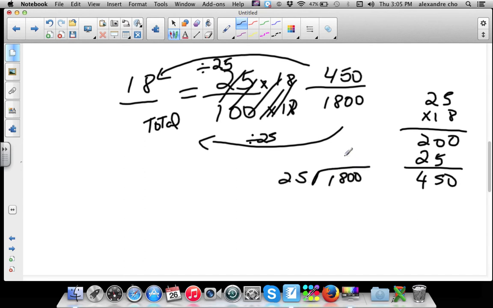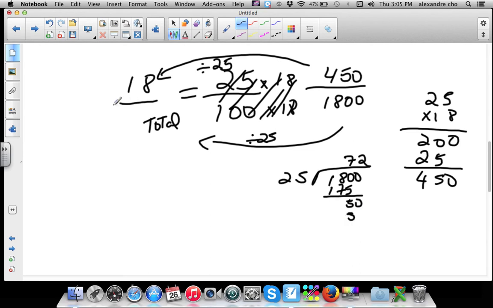It's going to be, let's see, 25 goes into 180 seven times, that's 175. You're going to have 5 left over, and it goes 72.